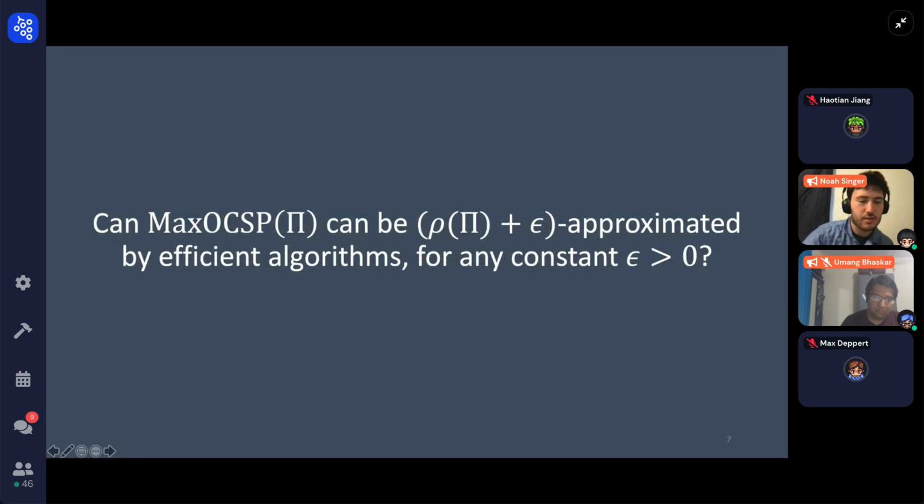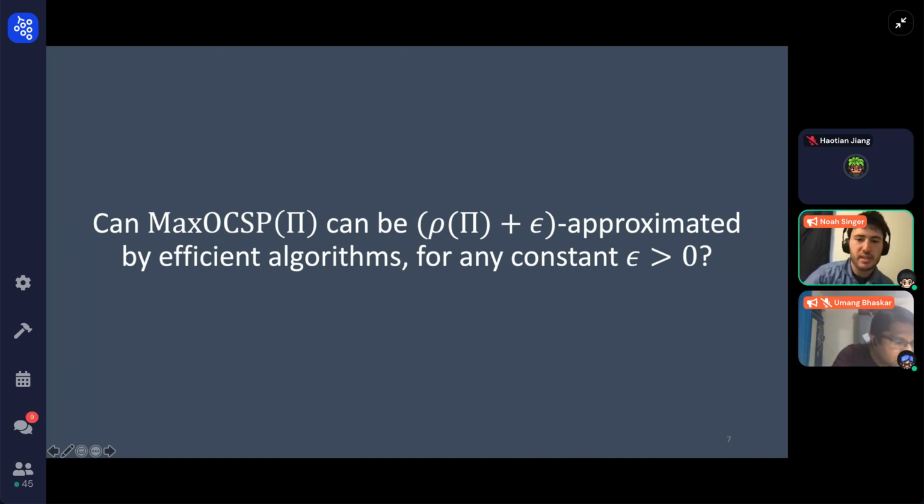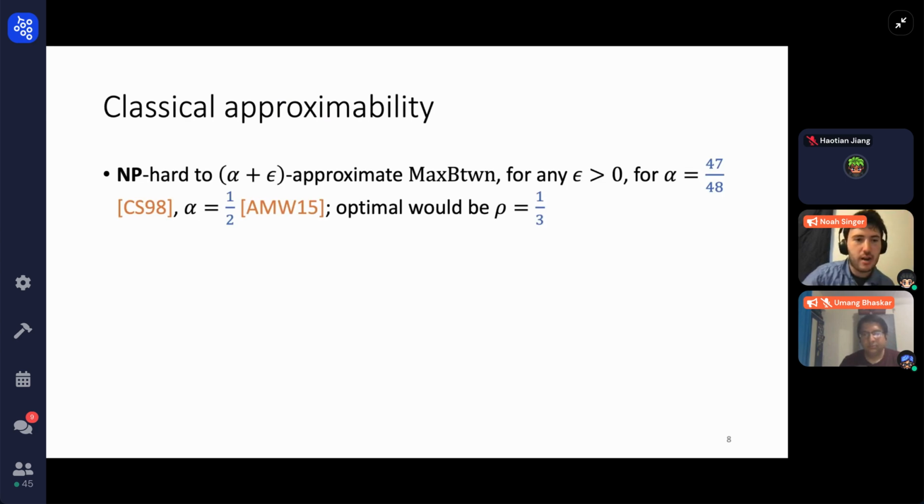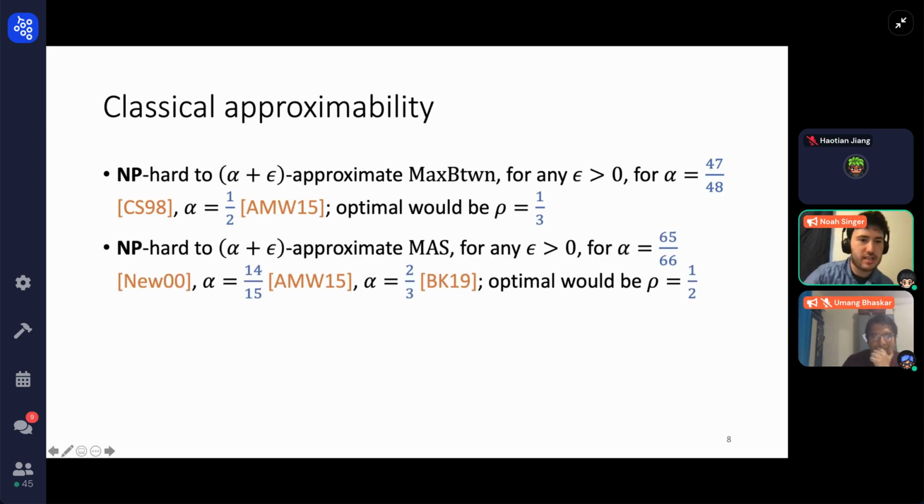Just to restate: can the max OCSP pi problem, for constraint function pi, be rho plus epsilon approximated by an efficient algorithm for some constant epsilon? And this question of the approximation resistance of max OCSPs is what we address in this talk. So what's known about the approximability in the classical setting? There are some results which show that it's NP-hard to get good approximations to these maximum betweenness and maximum acyclic subgraph problems, although they're not optimal.